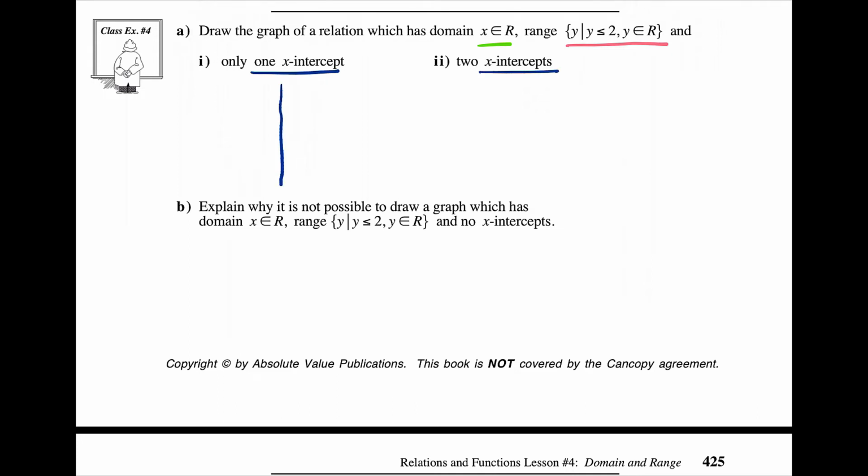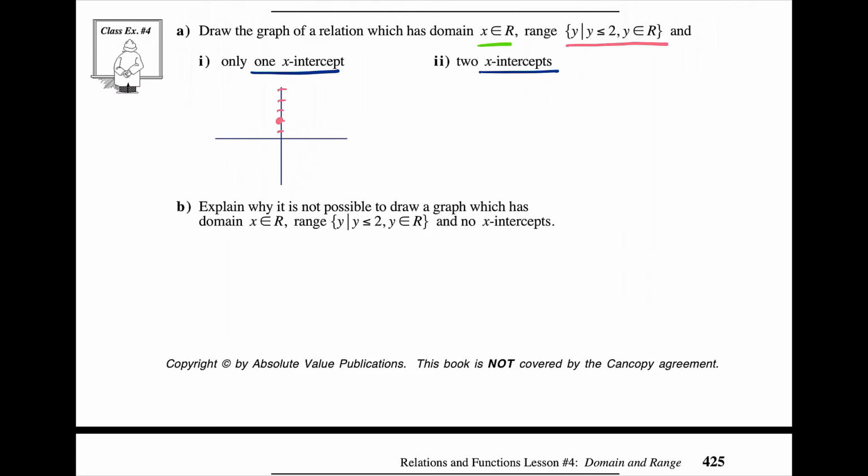So the first thing I would do is draw a Cartesian coordinate system right here, and I want 1 x-intercept, and it says that y is less than or equal to 2. So that means y is equal to 2, the y-intercept right here. That'll be 1, 2, 3, 4, 5, it'd be at 2.